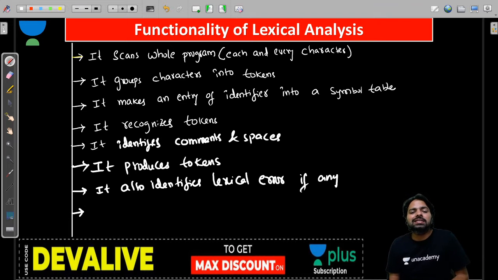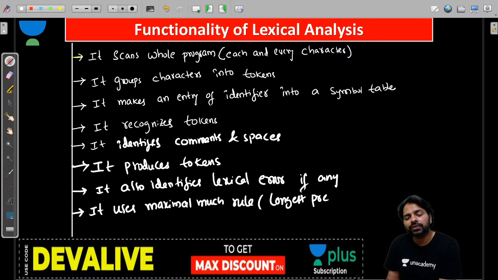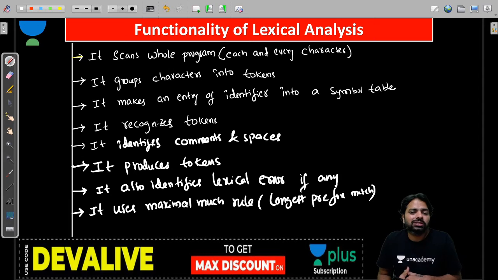While recognizing the tokens, it uses the maximal munch rule. Then what is this maximal munch rule? It always looks for the longest prefix match. It tries to match the longest prefix as per the token rules.